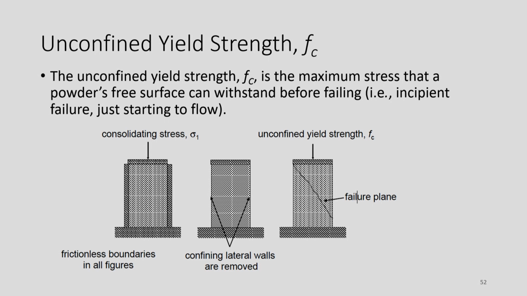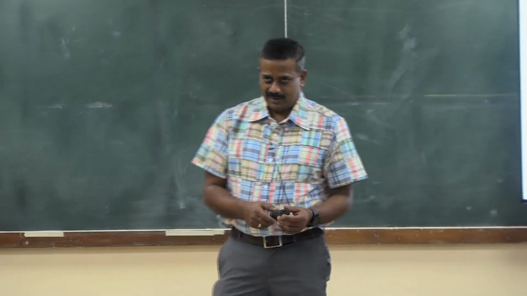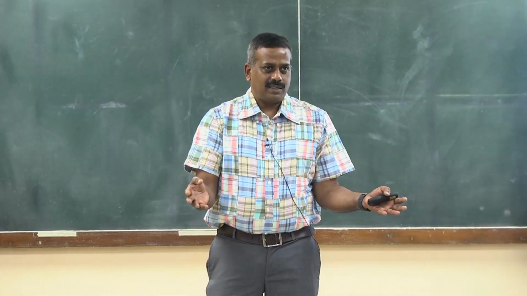So two layers means, as I said, for a powder to yield or move, one layer over the other layer. That's the flow, right? Yield means flowing, like moving. For example, if you have a hopper and you have powder, you're opening the hopper outlet, so then it's unconfined, right?